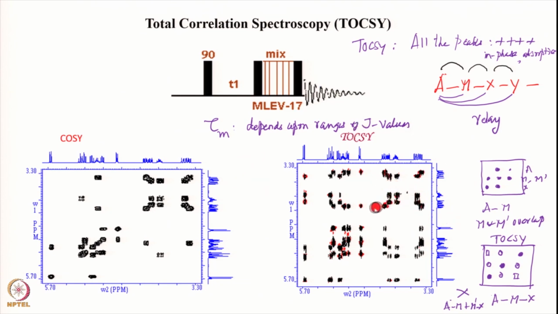in this TOCSY spectrum. Therefore these days whenever you have a molecule you straight away record a TOCSY spectrum, but only in certain situations where you want to remove a certain number of peaks and be more specific with regard to the near neighbor interactions, then you will use the COSY or the double quantum filtered COSY, okay. So this sort of experimental technique one can use to obtain the relevant information in your spin system, okay.